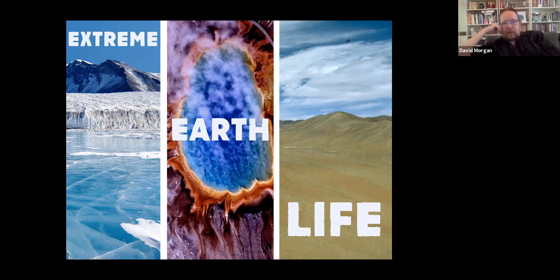The topic for today, I debated a little bit over what to talk about today, but since we're on the topic of extraterrestrial life, there's a lecture I used to give in my astrobiology class about the question of what kinds of environments are suitable for life, and the fact that we tend to bias our answer to that question in our heads based on what kind of environments are suitable for human life and also for life of common things like trees and flowers and birds and squirrels and the things we see around us.